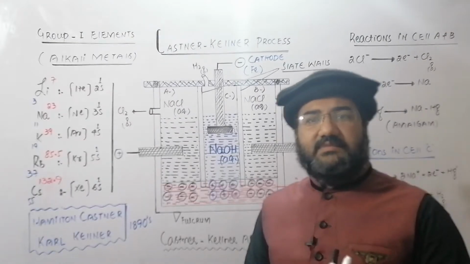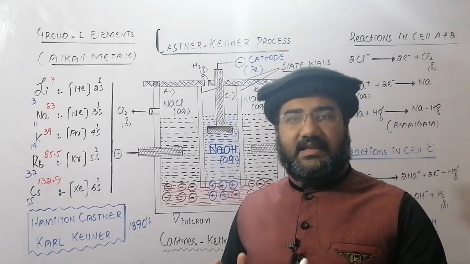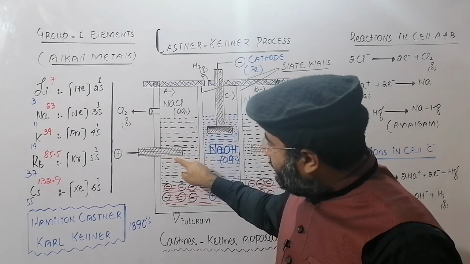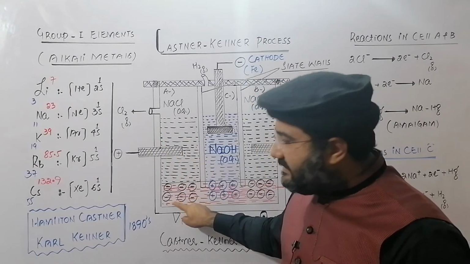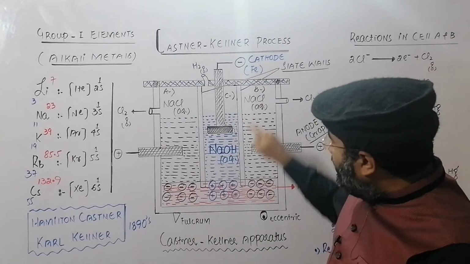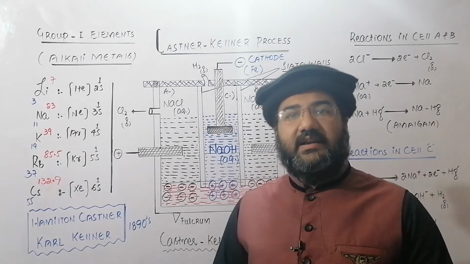So mercury is a common electrode between the cells A, B and C. When the peripheral cells have a positive anode, the mercury gets negative and acts as cathode. When the central cell has a negative cathode, this mercury gets a relatively positive charge, and it acts as anode.